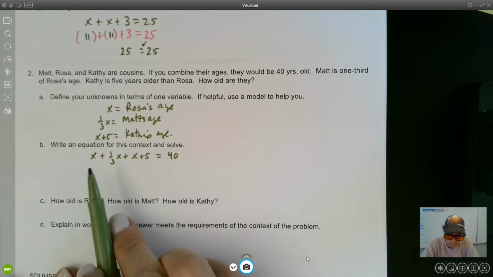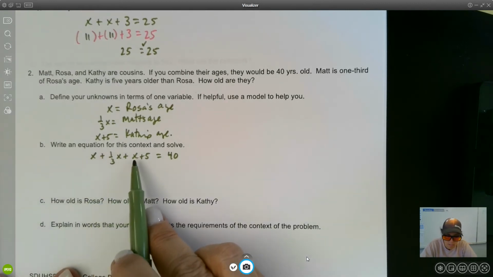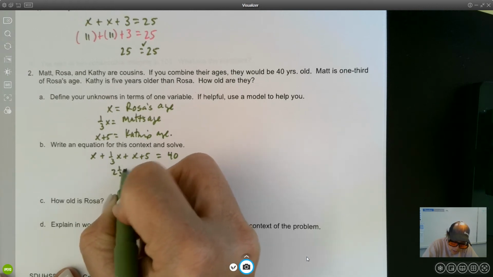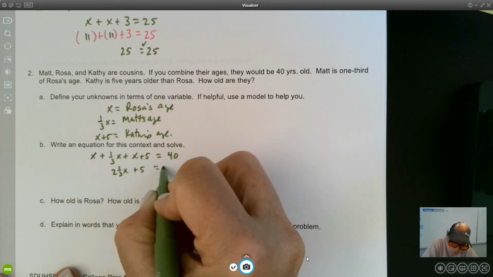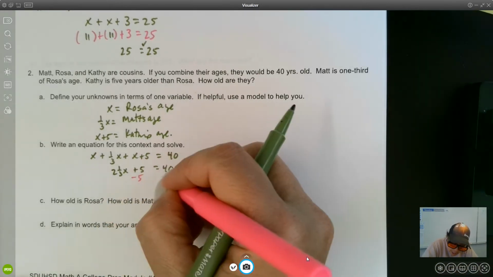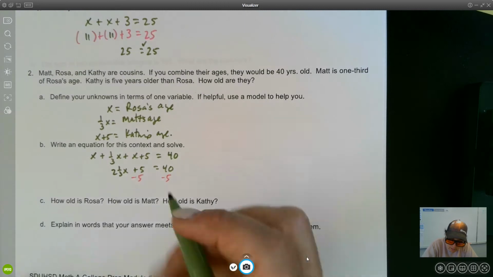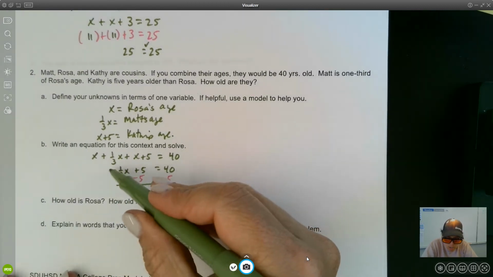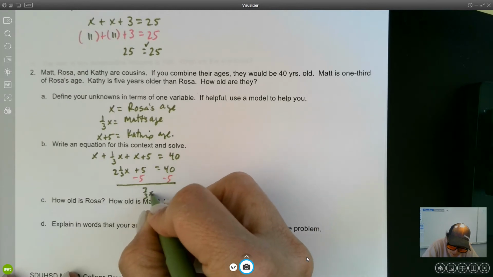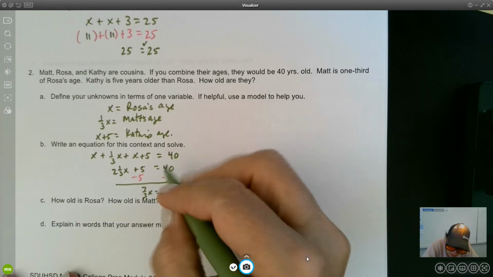Okay, so we've got 1x, a third x, and another x. That is 2 and a third x plus 5 equal 40. Subtract 5. I'm going to change that 2 and a third x to 7/3 x equal 35.